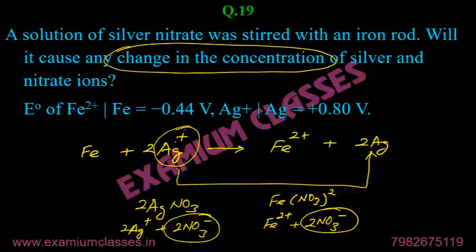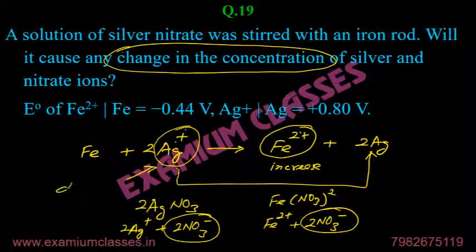It is just getting detached from silver and getting attached to iron. Is that clear? So the concentration of ions may or may not change if one ion is getting detached from one and attached to the other. The concentration of Fe2 plus ions will increase. The concentration of Ag plus ion will decrease, but that of nitrate ion will remain.